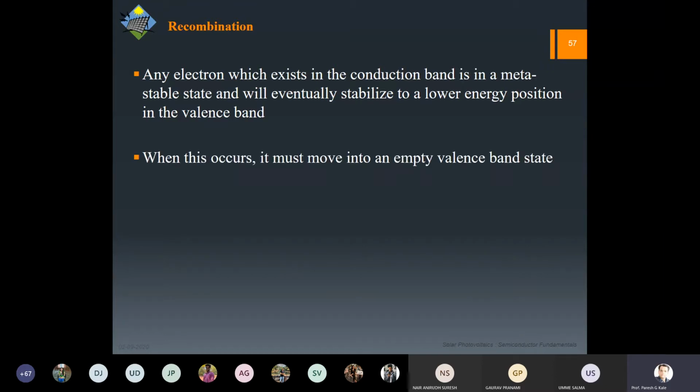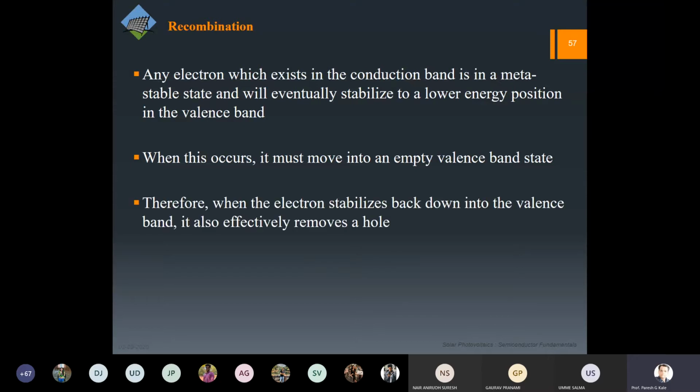Then whenever it jumps with that energy, it is creating one vacancy, and that is what we call a hole. So obviously there will always be an EHP, as I have told. Now, once it settles down, it tries to get back to the valence band from where it has jumped. And in this process, it will annihilate or remove the hole which it has generated. And this particular process is called recombination.